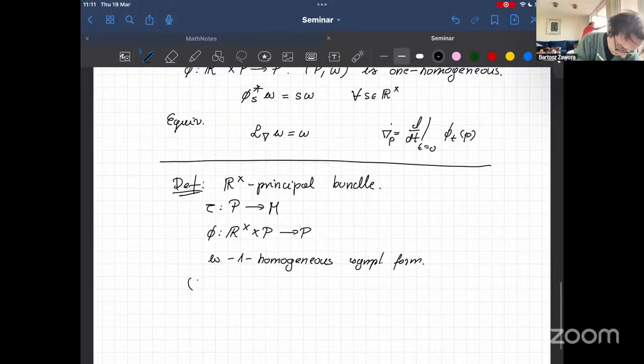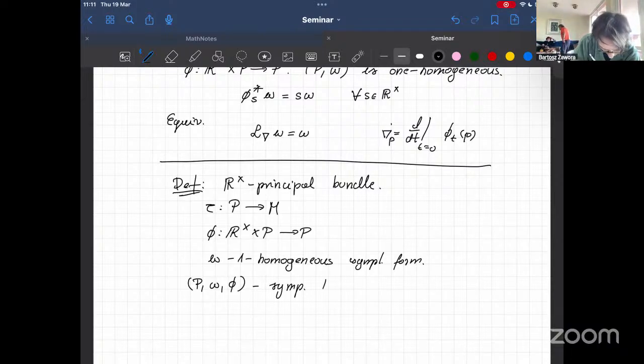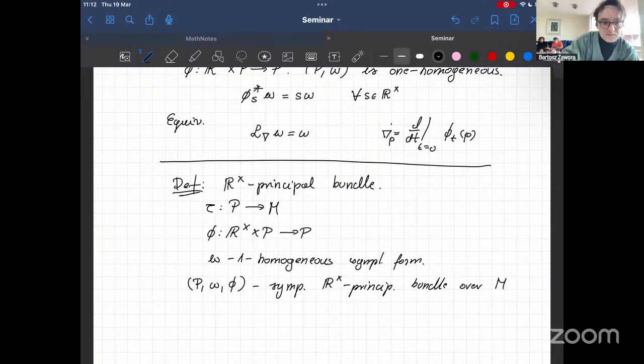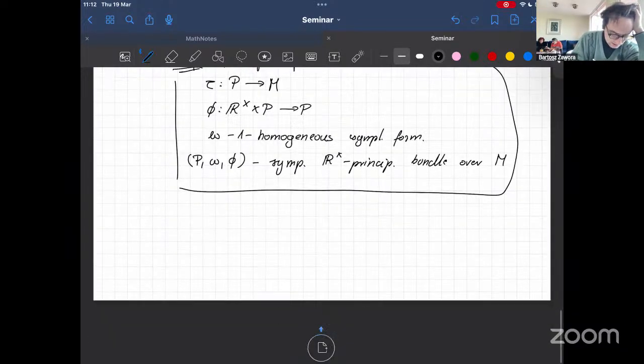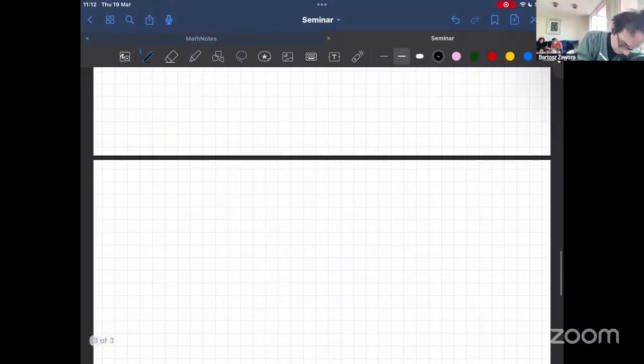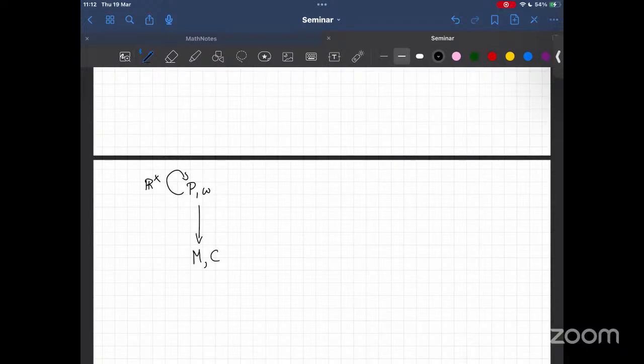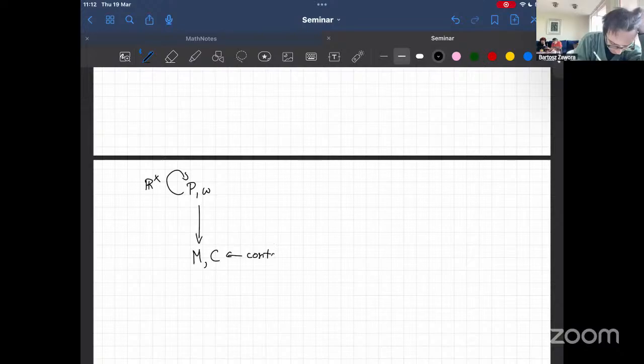Then we say that the triple (P, ω, φ) is a symplectic R^× principal bundle over M. If we are in this setting, on the manifold M we get a contact distribution, but I will move to this later.